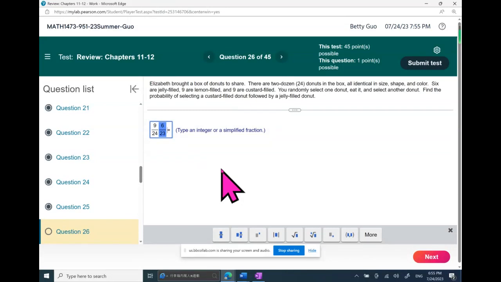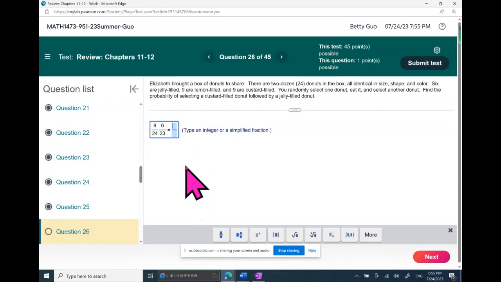So the total number of donuts is 23. Among the 23 donuts, 6 of them are jelly-filled. Double check: 6 over 23, 9 over 24, custard-filled. Okay, very good. So let's calculate and simplify the result.